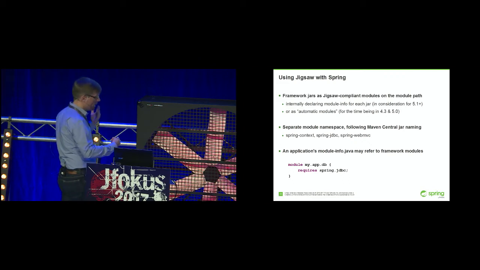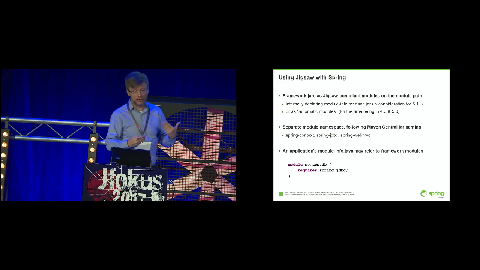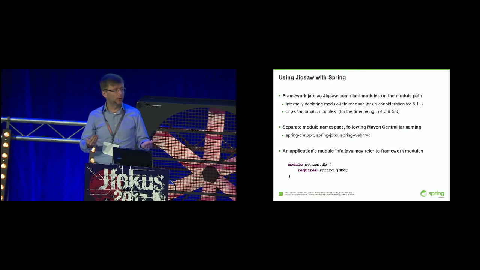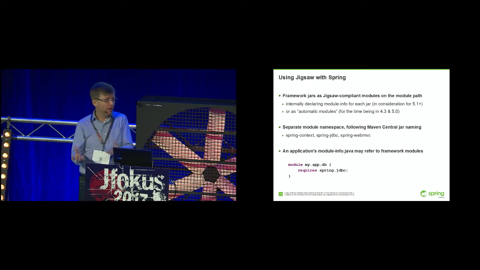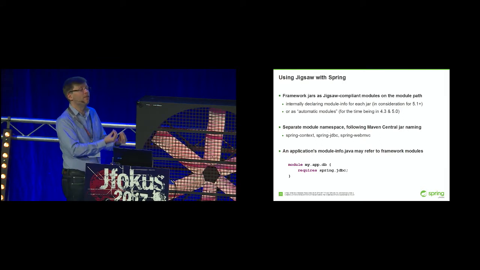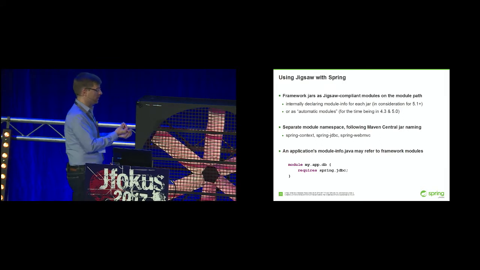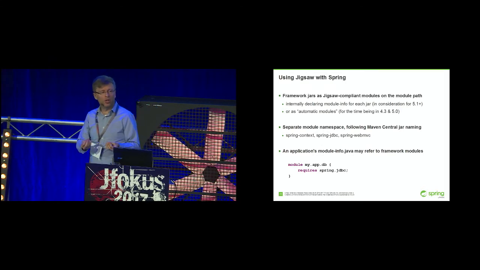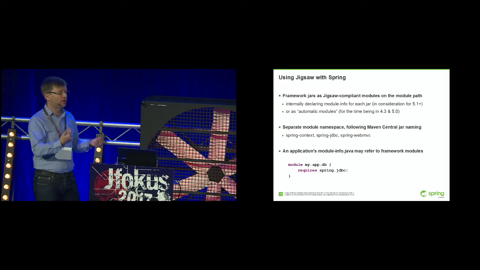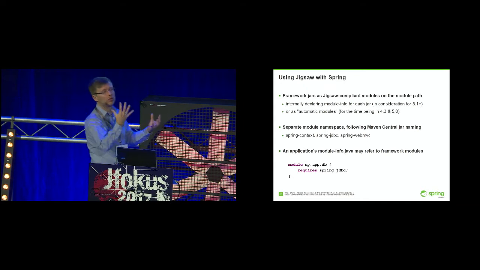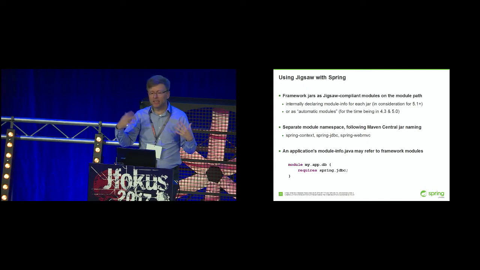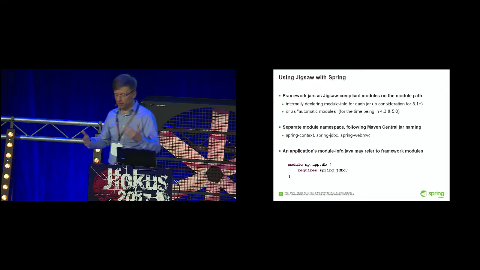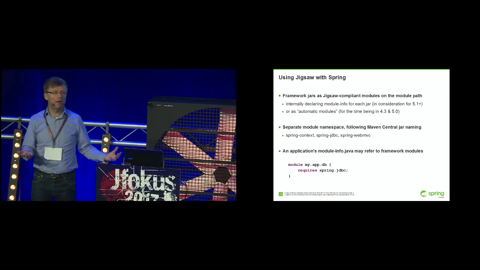The JDK9 is going to interpret it as an automatic module, which is basically a jar file on the module path. It's explicitly been put on the module path, but it doesn't have a module descriptor because it's not built on JDK9. So if it doesn't come with a module descriptor, the JVM infers some common characteristics from it. It builds a module name from the jar name and makes some assumptions about visibilities, like the module sees the other modules on the module path.